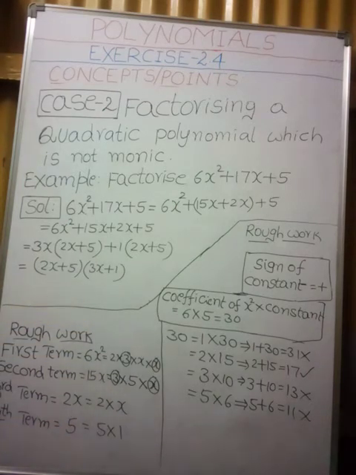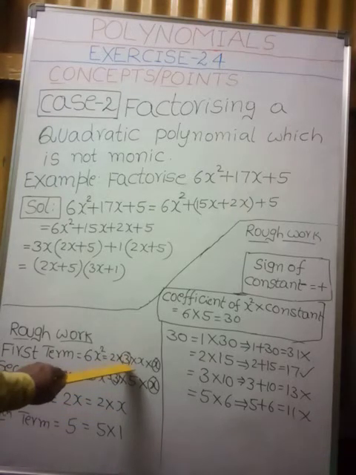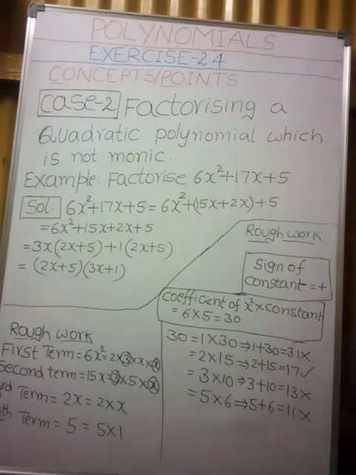In rough work, I am doing this part. 6x square, we have to write here numerical values as a product of prime numbers. So here 2 is a prime number, 3 is also a prime number. So we can write 6 as 2 into 3, not 1 into 6. We should not use that one because 6 is not a prime number.